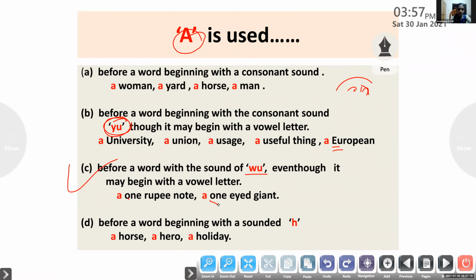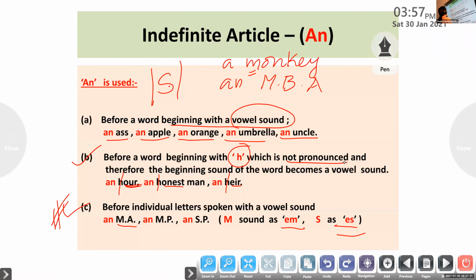Okay, and point number D. I told you, children, in the previous slide, if a word begins with H and the H sound is not pronounced, and it begins with a vowel sound, then we have to use 'an' before that word. But here in these examples, the 'h' sound is pronounced.